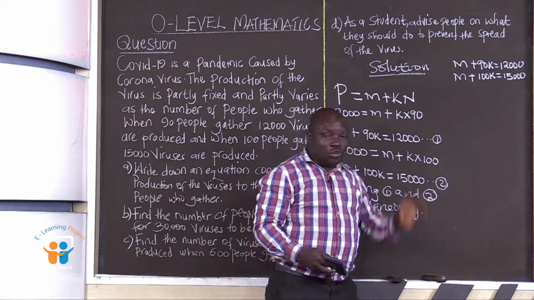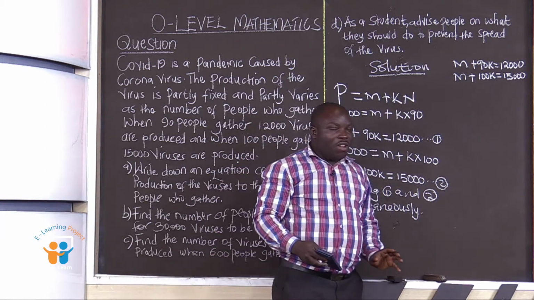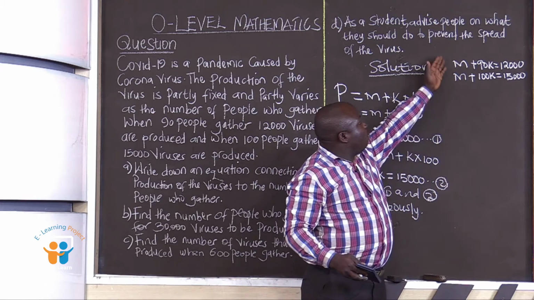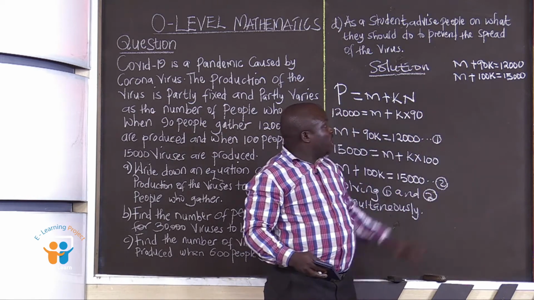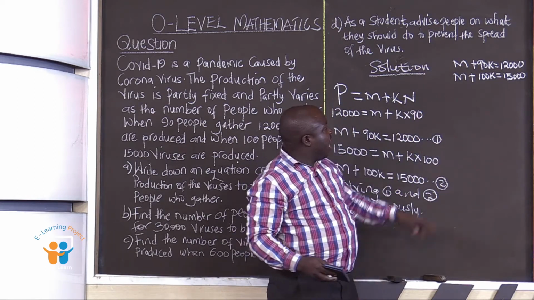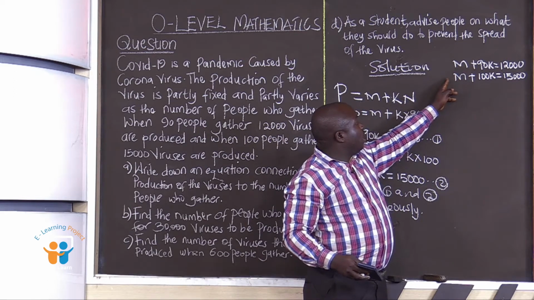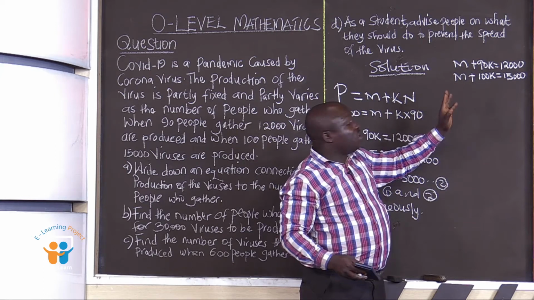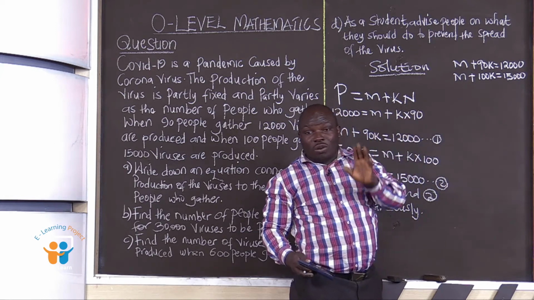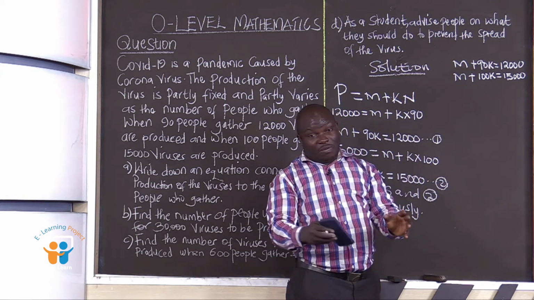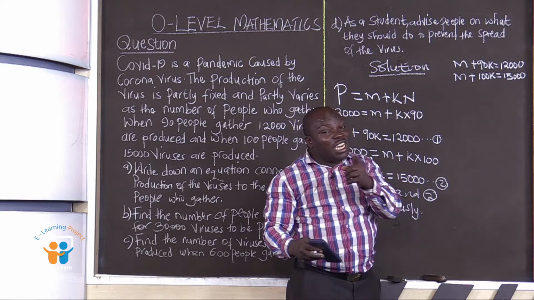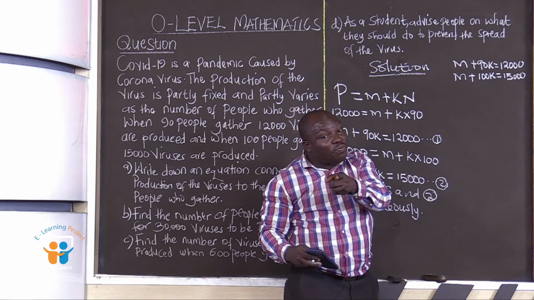To eliminate is to remove. For example, when we want m to disappear, what should we do? Because now we are having 1m in equation 1, 1m in equation 2. The coefficient of m in equation 1 and in equation 2 are the same. The coefficients are those numbers written behind m.